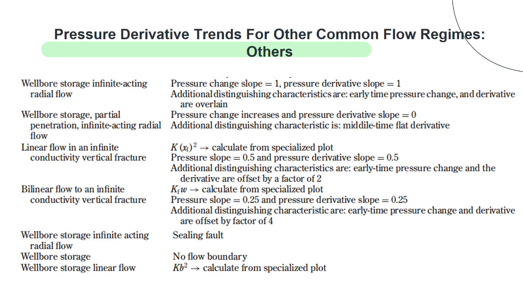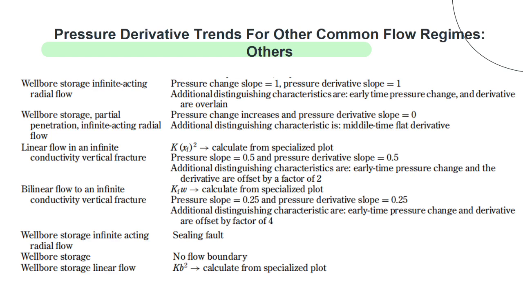In linear flow in an infinite conductivity vertical fracture, where k times xf squared is calculated from a specialized plot, the pressure slope is equal to 0.5 and the pressure derivative slope is equal to 0.5. Additional distinguishing characteristics are early time pressure change and the derivative are offset by a factor of 2.